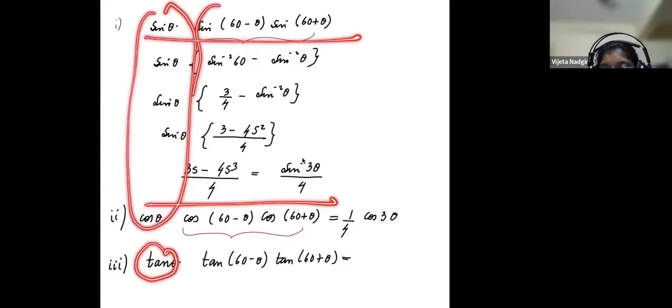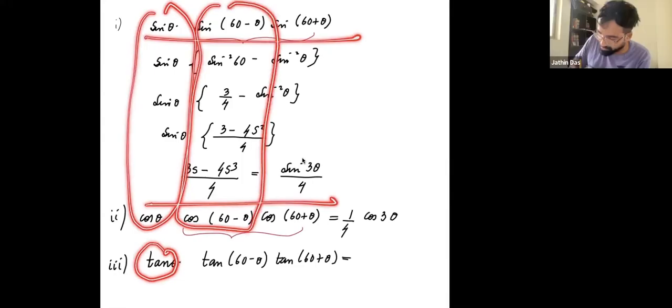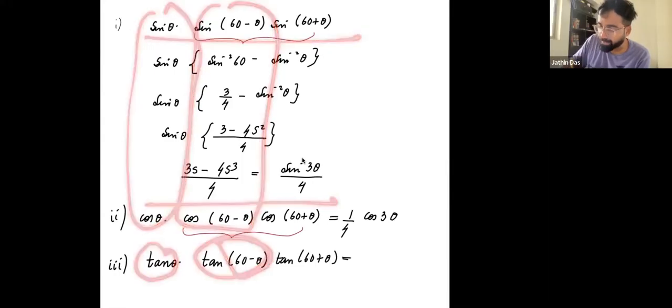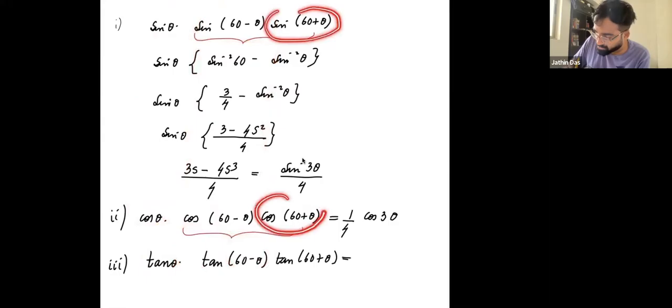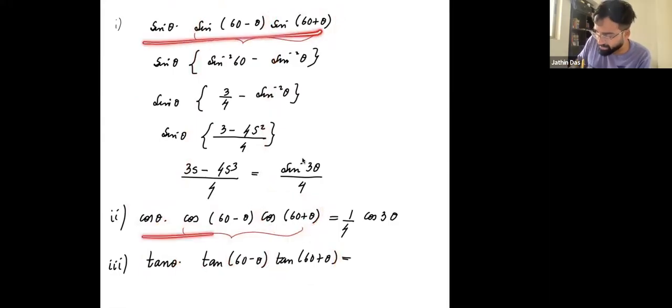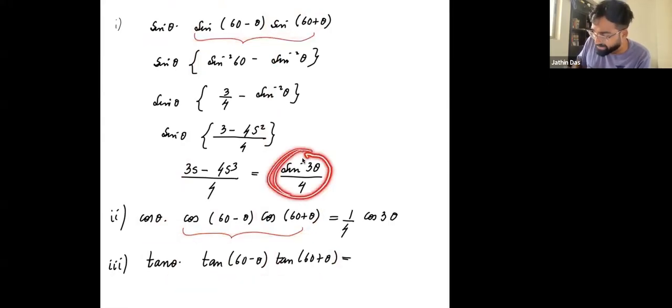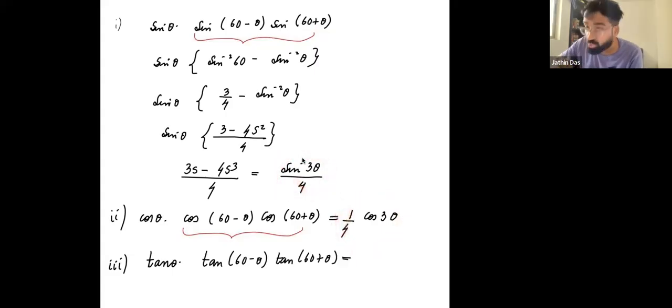This expression will give me tan 60 minus theta, correct? And this upon this will give me tan 60 plus theta. So basically, I'm dividing this by this to get this. When you divide, 1 by 4 will cancel. So here there is no 1 by 4.